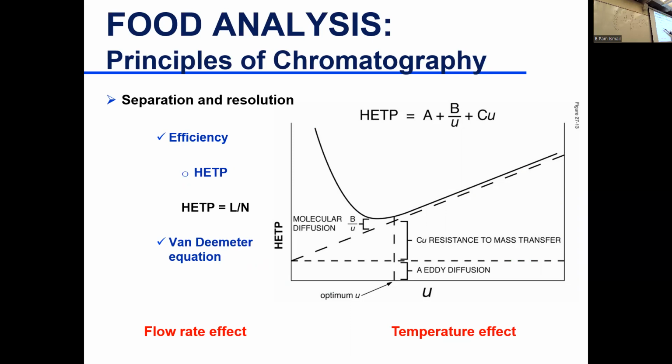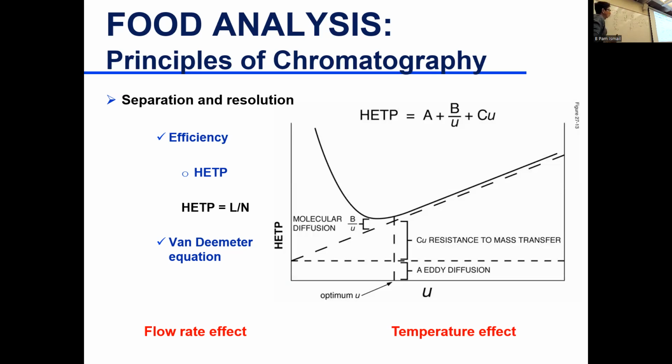I can calculate something called height equivalent of a theoretical plate. The HETP is height equivalent of a theoretical plate. So here, I'm determining only the height. So I'm just determining this height.